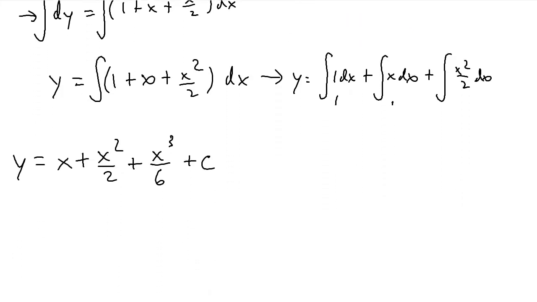So I plug in 0 for x, and then 1 for y. So I'll get 1 equals 0, plus 0 squared over 2, which is 0, plus 0 cubed over 6, which is, again, 0, plus c, and c is going to end up equaling 1.